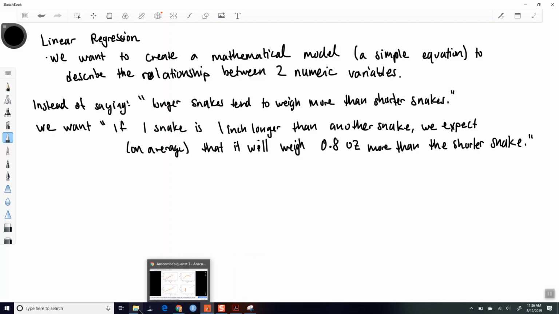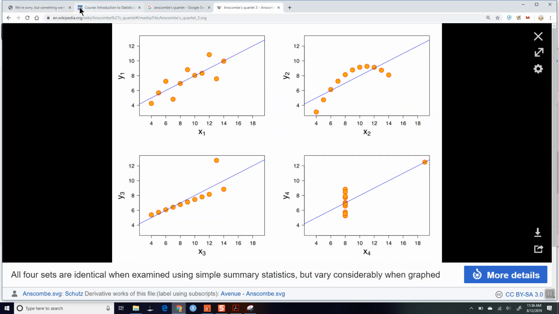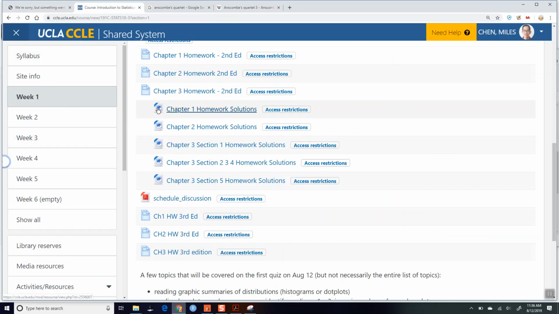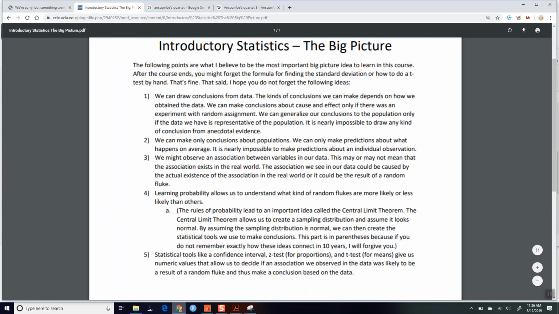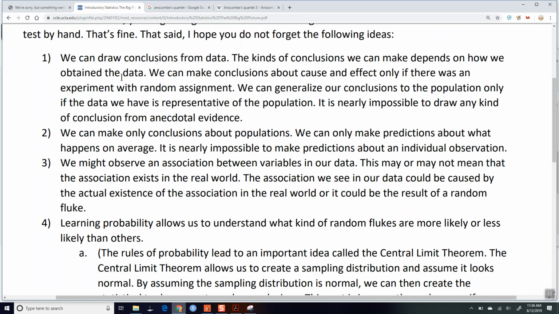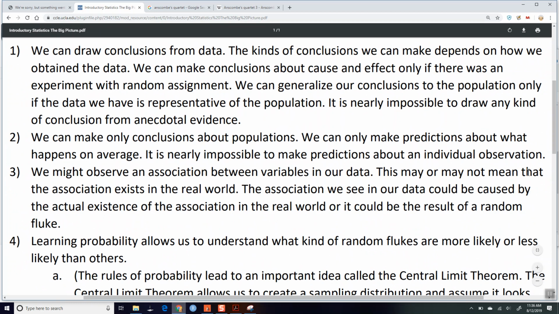And I think this was one of our big idea points from the big picture discussion. We said we can only make conclusions about populations, and we can only make predictions about what happens on average, okay? It's nearly impossible to make predictions about an individual observation.